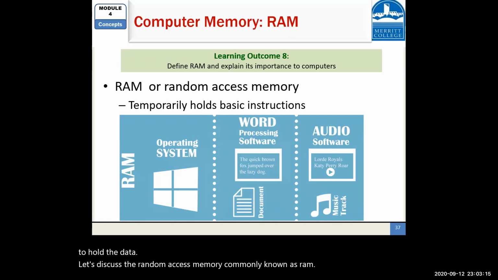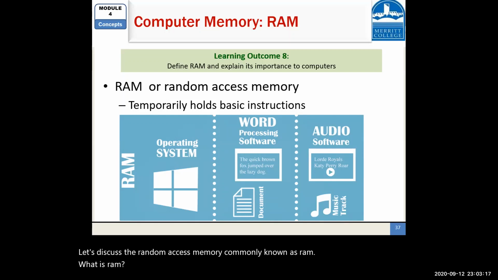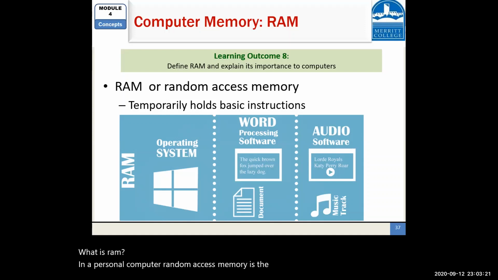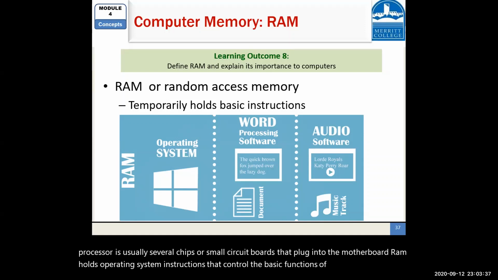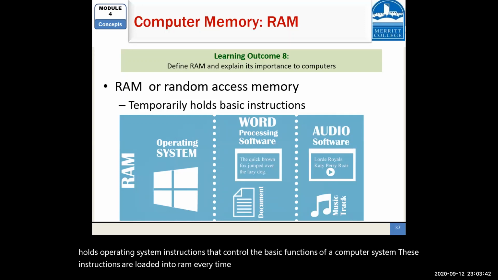What is RAM? In a personal computer, RAM, random access memory, is the waiting room for the computer's processor. RAM is usually several chips or small circuit boards that plug into the motherboard. RAM holds operating system instructions that control the basic functions of a computer system. These instructions are loaded into RAM every time you start your computer, and are stored in RAM until you turn off your computer.